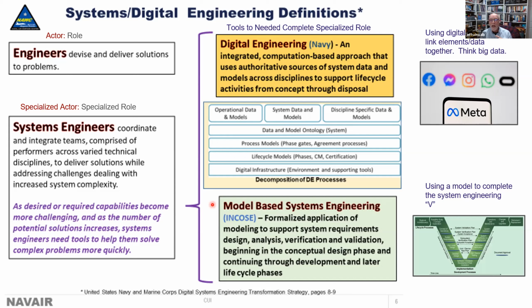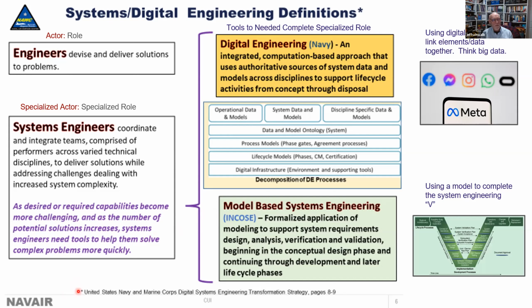So what we've added on the right, Will's going to talk to this, is how do we use, in a digital engineering format, the tags and use the model then to complete the systems engineering V that we're all very familiar with. So reference here, you can see this one on the bottom here, United States Navy and Marine Corps transformation strategy.